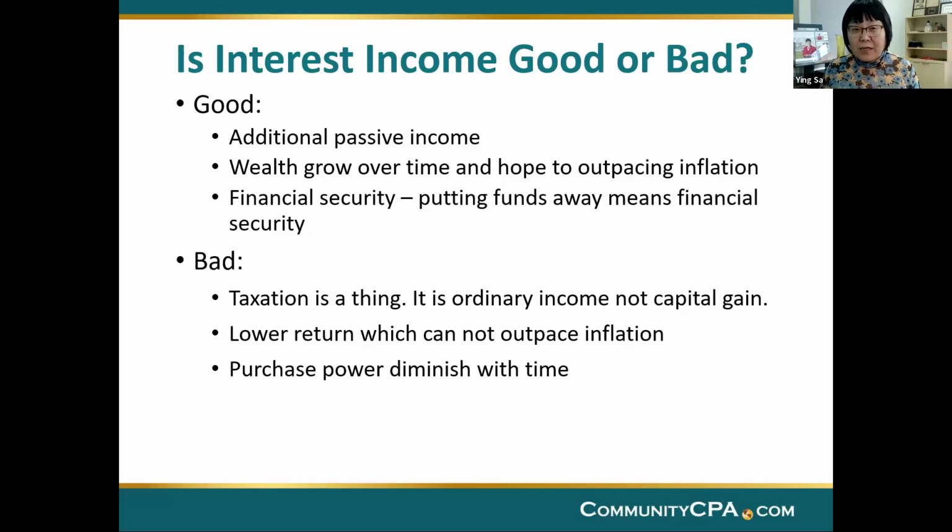On the good part, you have additional passive income. You don't have to think about how your money goes. The sweep account just does the balancing for you and makes money for you. So it's nice passive income, right? And the interest income also means that your wealth grows over time. And if you can outpace inflation, then you are ahead of the game, right?